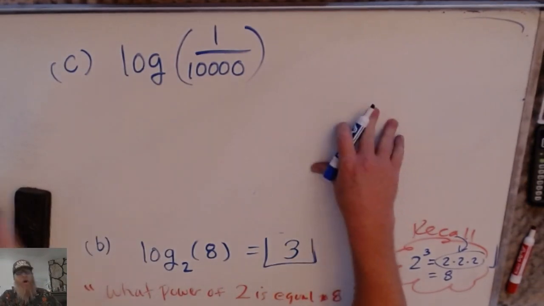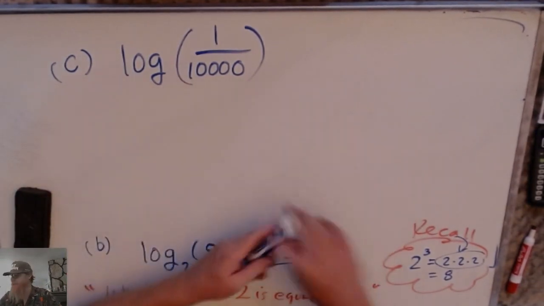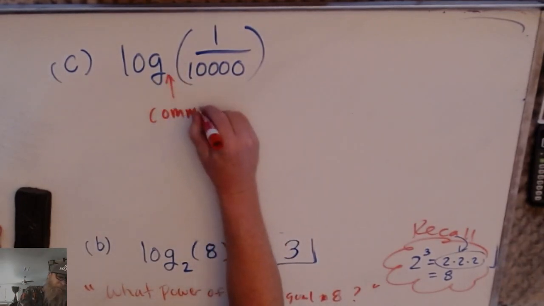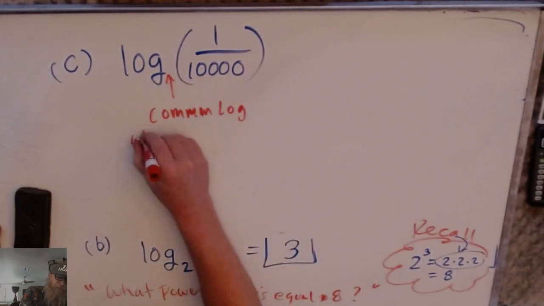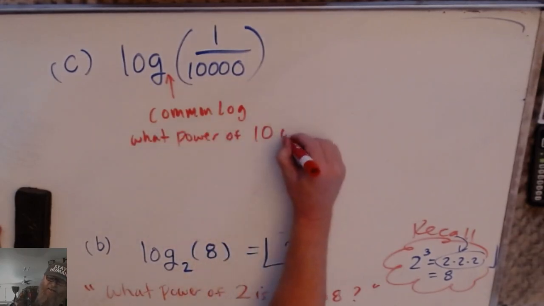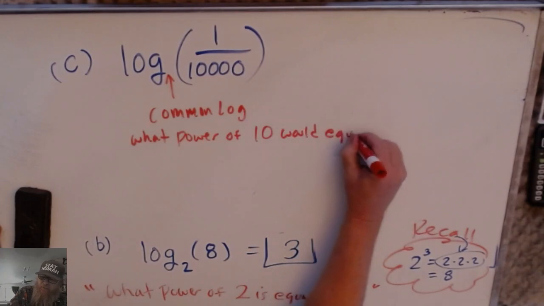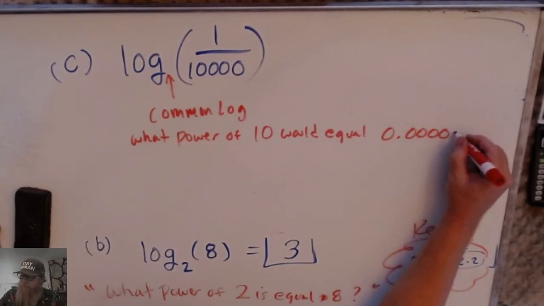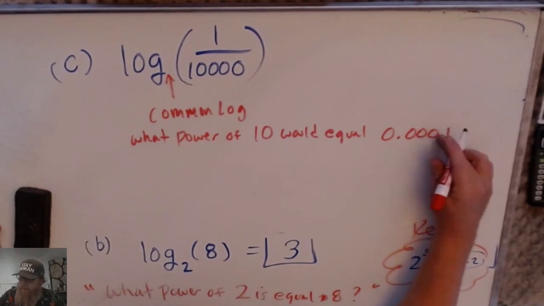All right, common log, no base. So this is a common log. So what power of 10 would equal 1/10,000th?